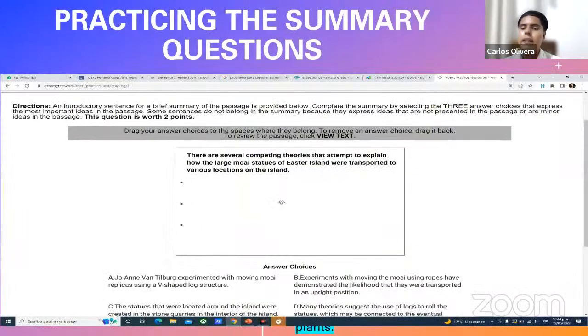Now, there's something else here. As you can see, the mechanism for responding to this summary question varies a little bit, dear students. Okay, I want to clarify that. Why does it vary?